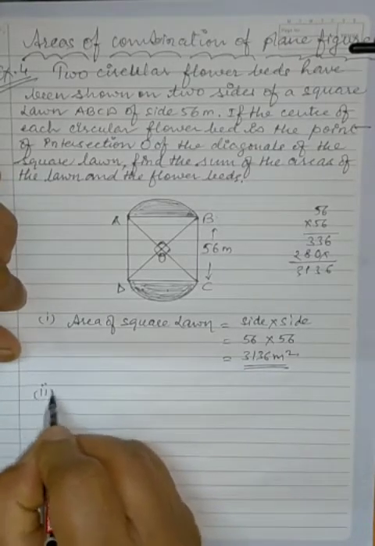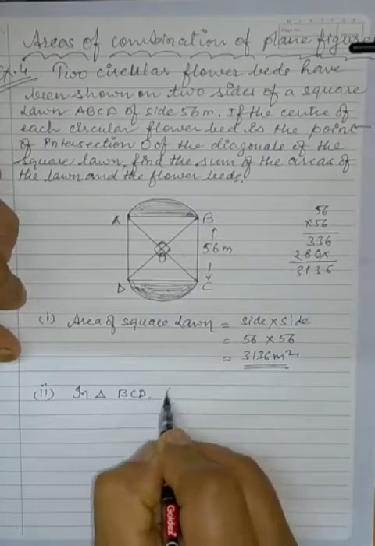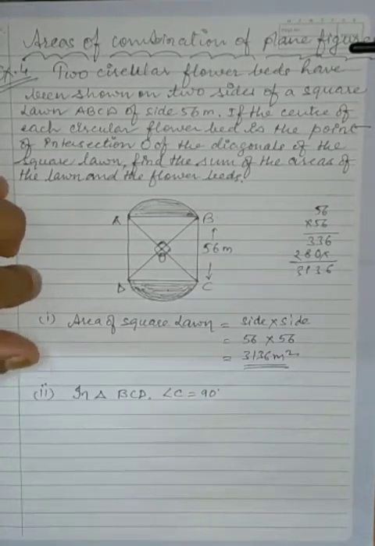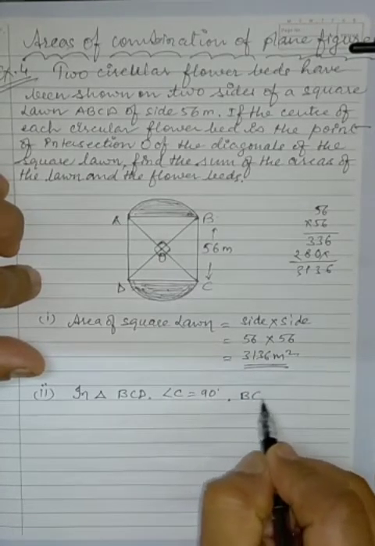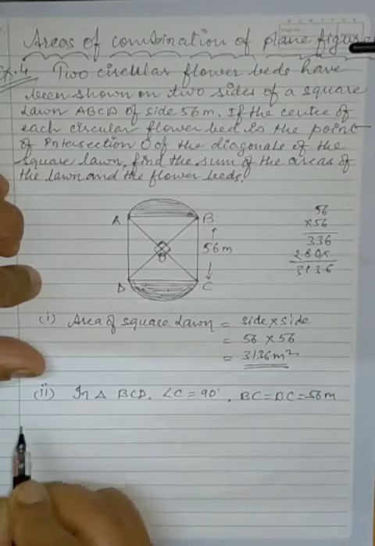For the second part, in triangle BCD, where angle C is equal to 90 degree, as ABCD is a square, and BC is equal to DC, both equal to 56 meter.